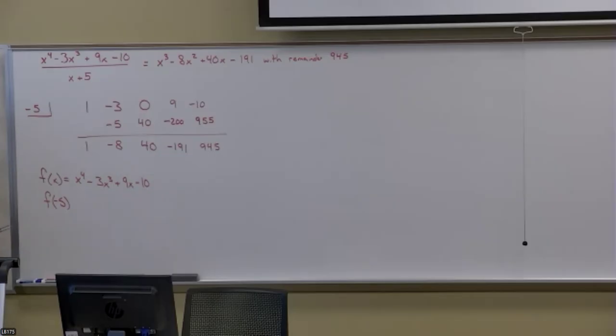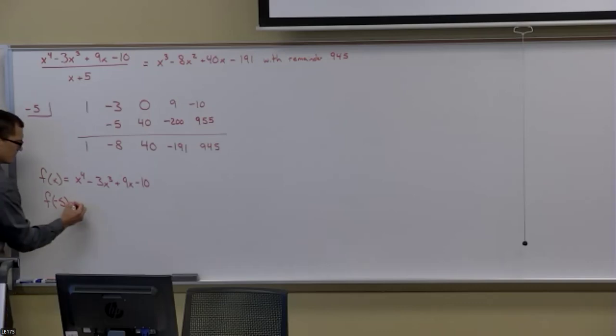When I plug in a -5, I get (-5) to the fourth. Make sure you put that negative in parentheses. Minus 3 times (-5) cubed plus 9 times -5 minus 10.